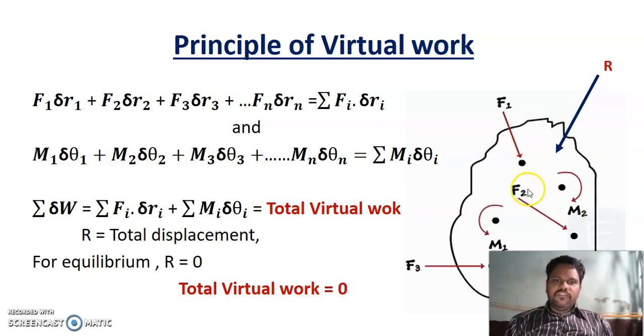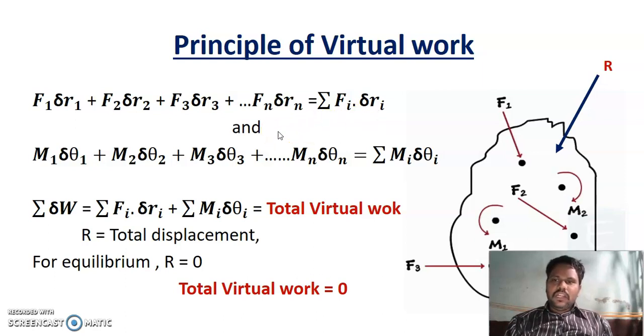F1, F2, F3 show linear virtual displacement. Then the total work done by the linear virtual displacement is given as the summation of linear force dot linear virtual displacement.